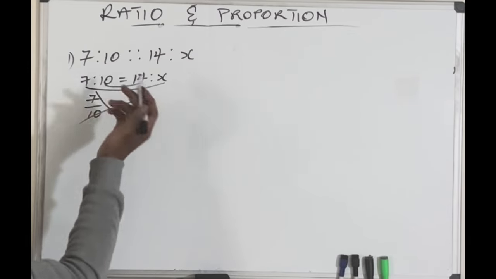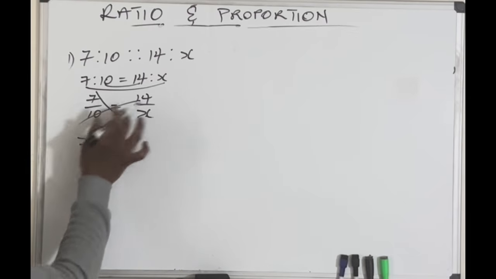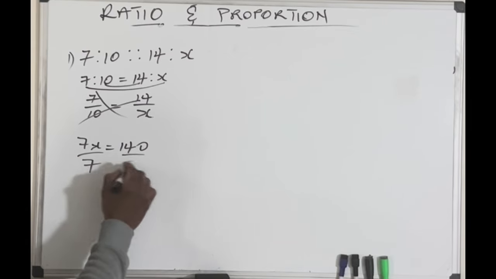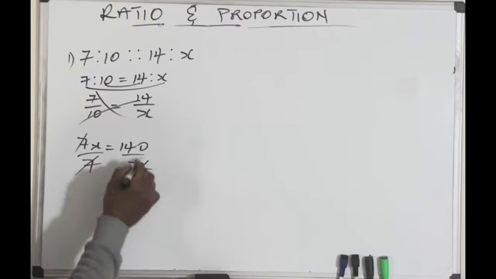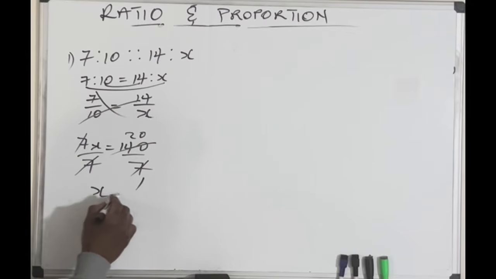Okay, all right, so let's try to work this. So 7x is equal to 140, right? So 7, then 7, 2, so 20, that is 20.